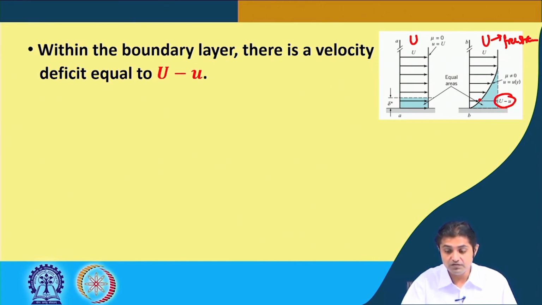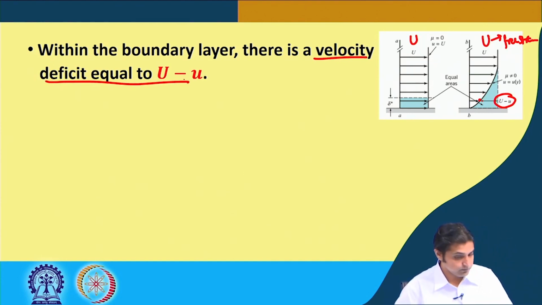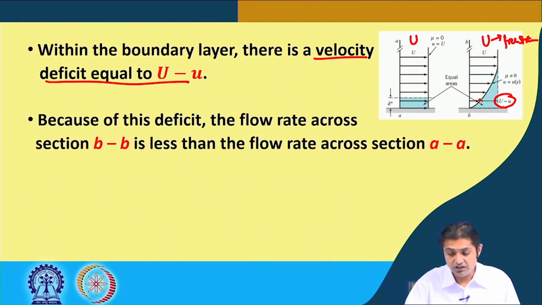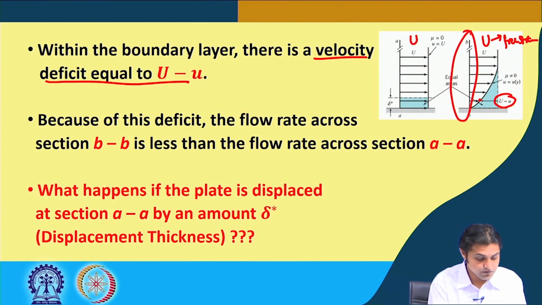Small u here is the velocity at a point in the boundary layer.